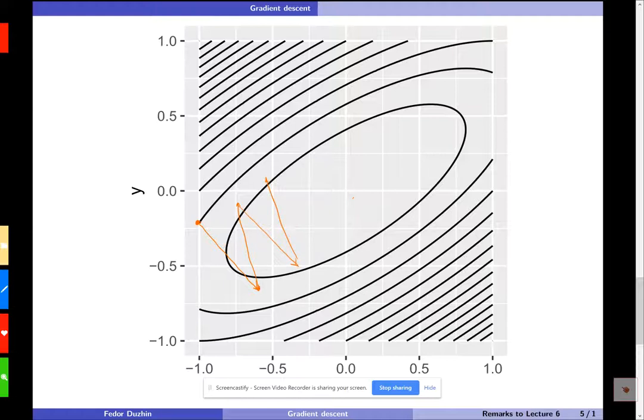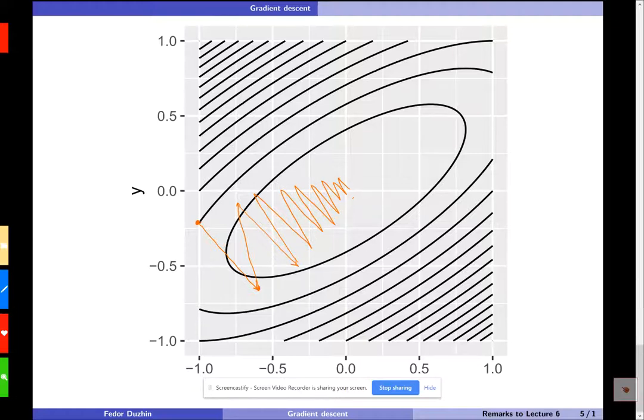So if you choose a large step, eventually you will reach the minimum, but in an unbalanced manner. You will converge towards the minimum, but you will wobble around a little, to the left and to the right.